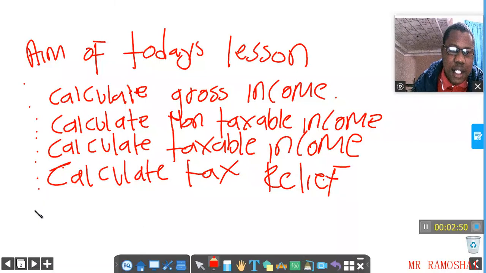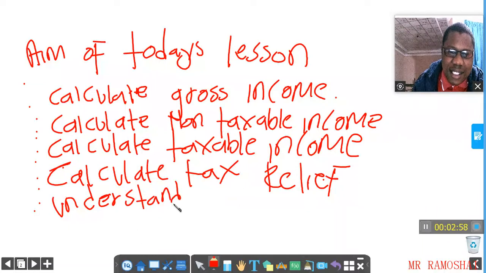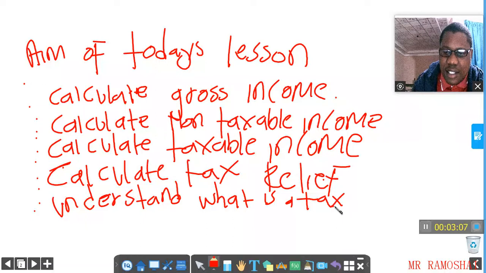The fifth one, I want you to be able to understand that here we are not going to calculate. You're going to understand what is a tax threshold.